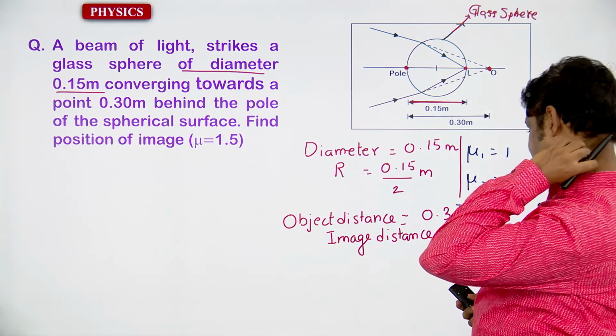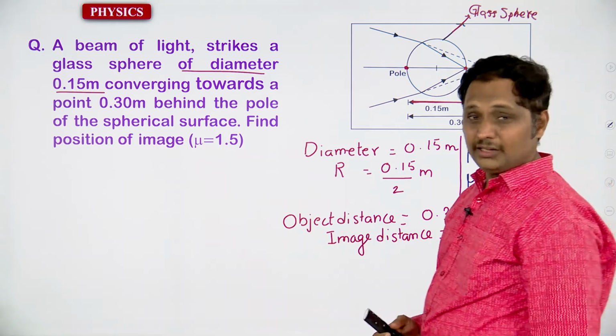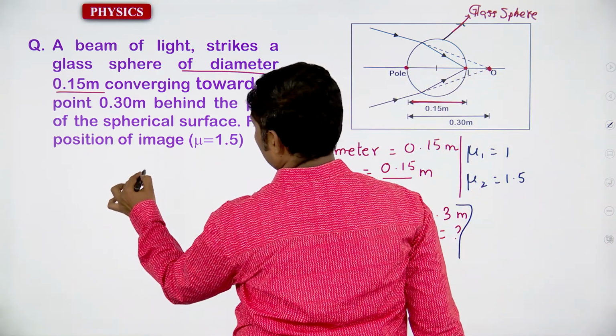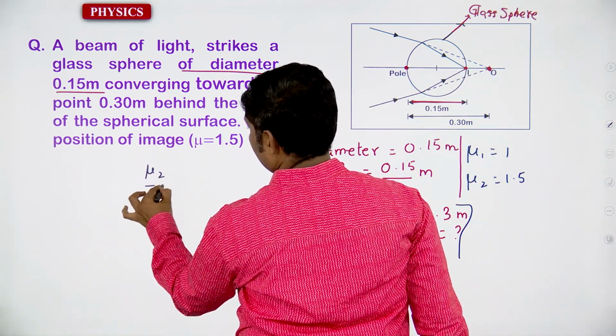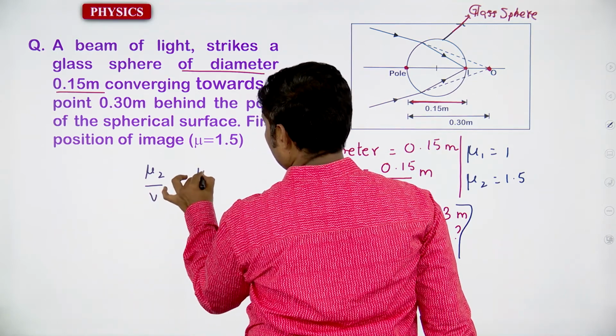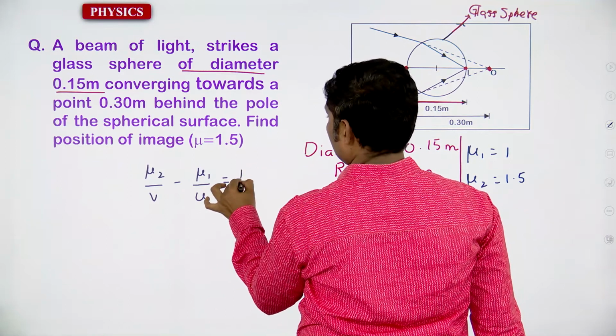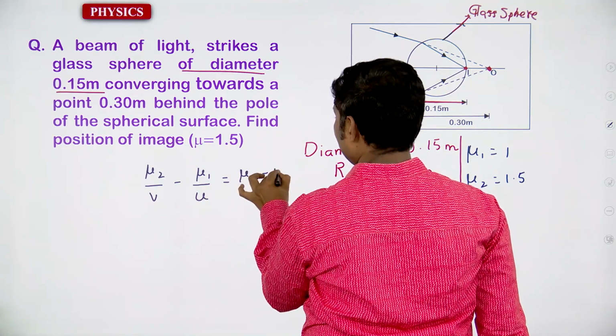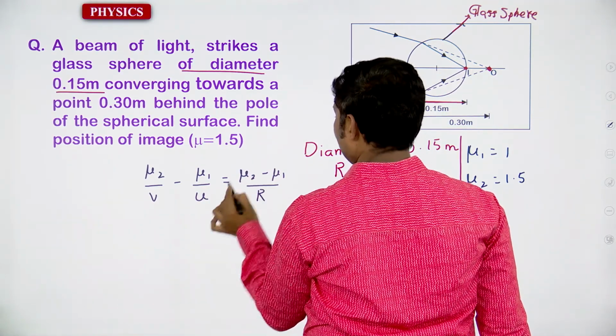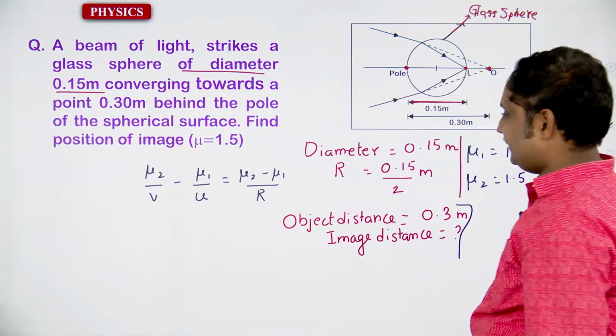We use the formula mu2 by v minus mu1 by u is equal to mu2 minus mu1 by r.